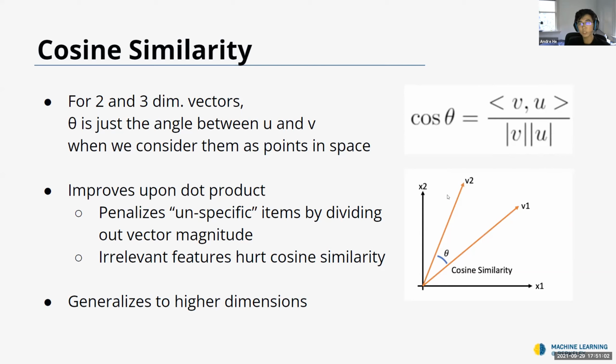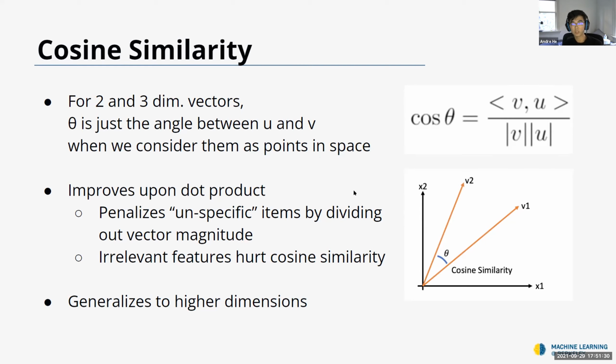Now that, in some ways, that captures, actually, never mind. It's the length of one vector projected onto the other, multiplied by the magnitude of the other. What I was talking about earlier was cross product.